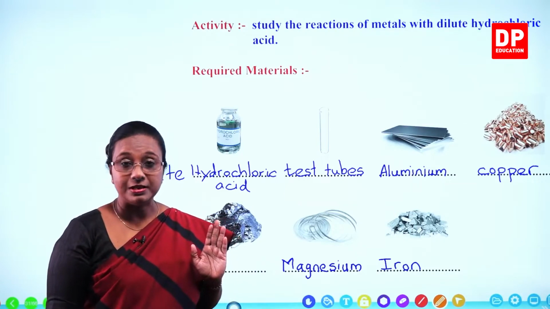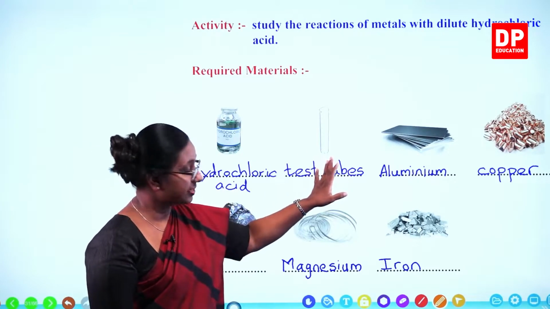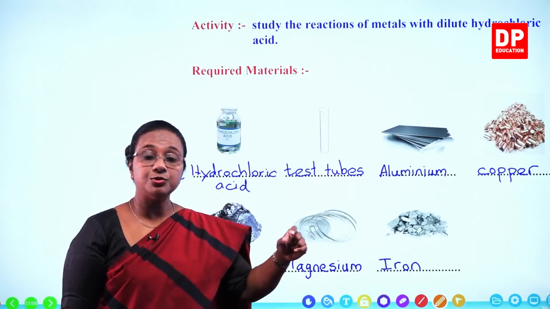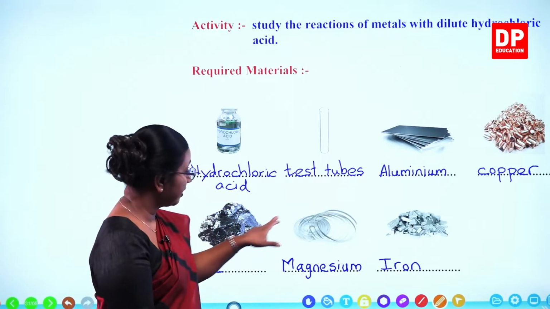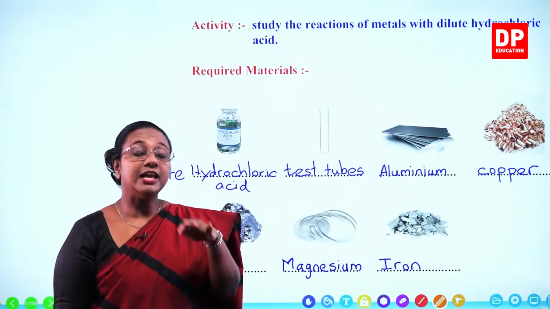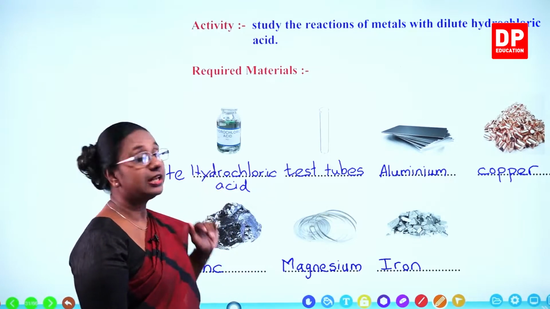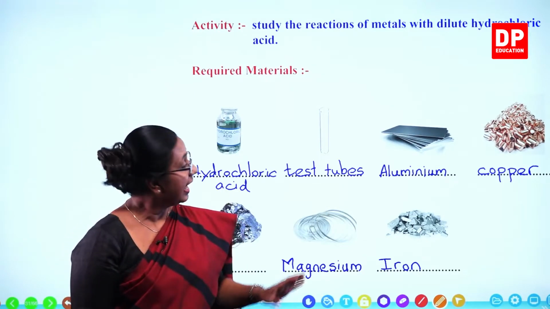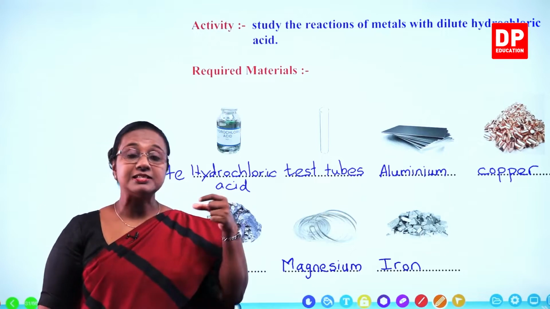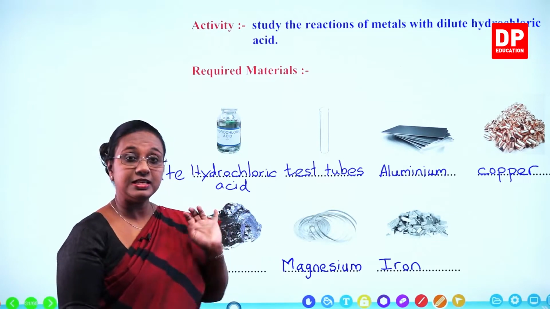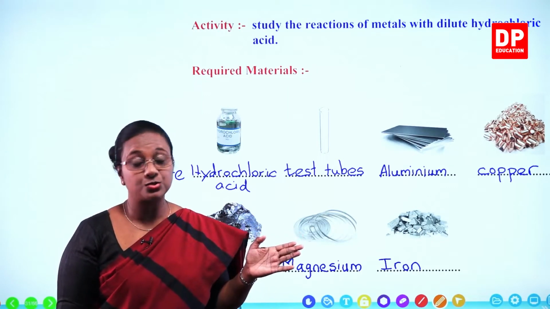This is what we will be doing. We will take a few test tubes. We can even label the test tubes with the names of the different metals. And we take equal volumes of dilute hydrochloric acid. If we take similar sized pieces of all the metals, it would be easier to compare as well.